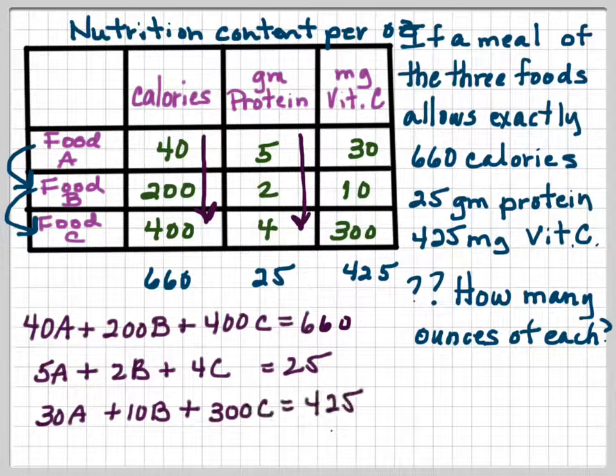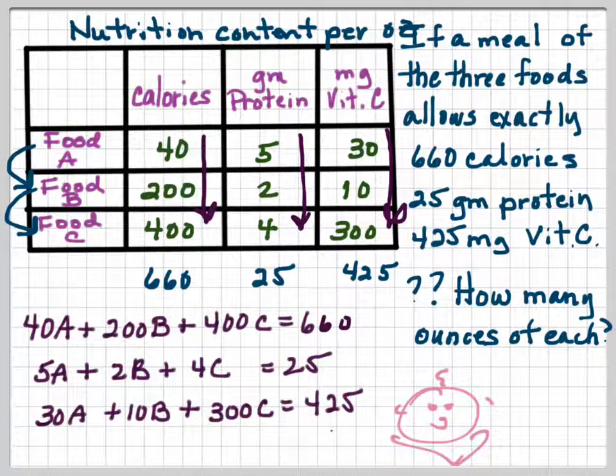And 30A milligrams of vitamin C plus 10B milligrams of vitamin C plus 300C milligrams of vitamin C equals 425. So this is our 3 equations and 3 unknowns, once again moving down. And so what you need to do here is set up your matrix based on this information and solve.